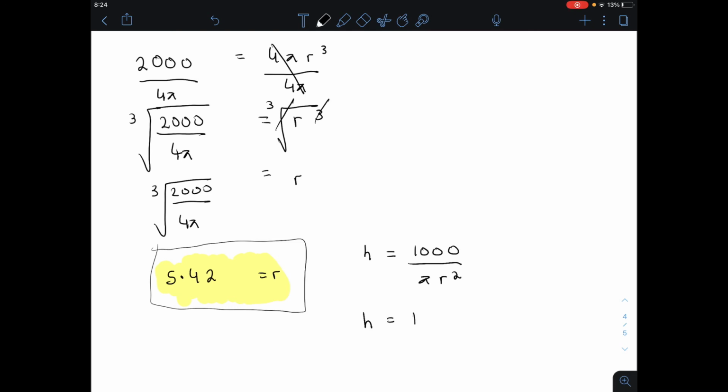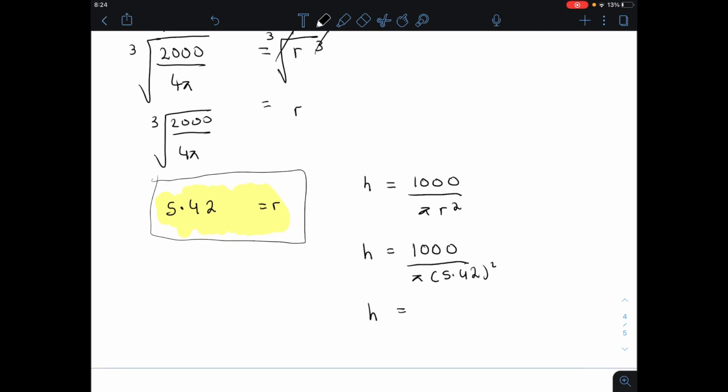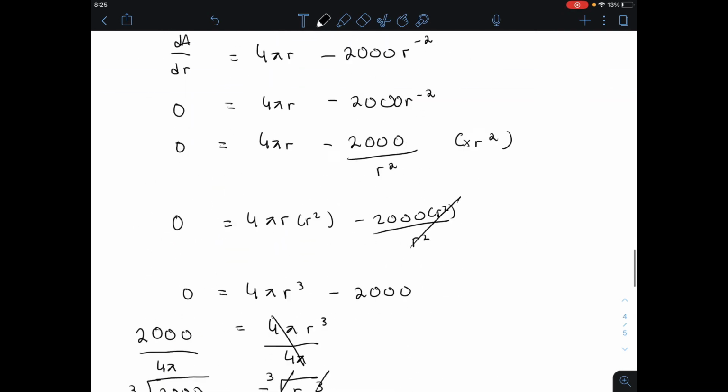Substituting in the minimum radius to find our minimum height gives us 1000 divided by pi times 5.42 squared, which is equal to a height of 10.84.